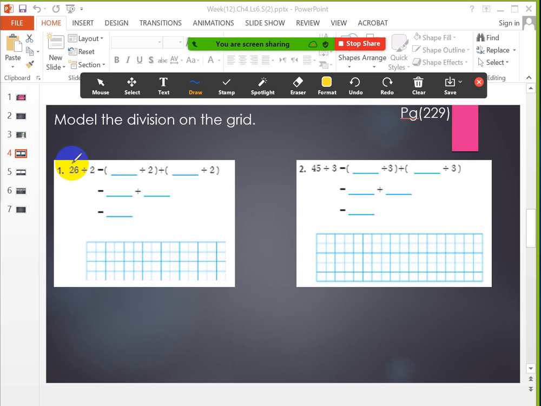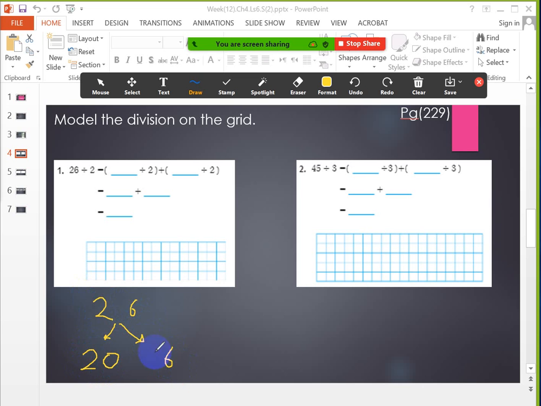I can't. So I will break 26 into two numbers able to divide by 2. Which two numbers are able to divide by 2? Very easy. Let's see. You can take the tens, which is 20, then the ones, which is 6.